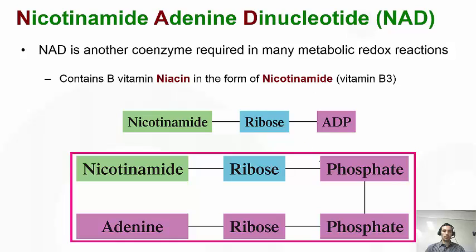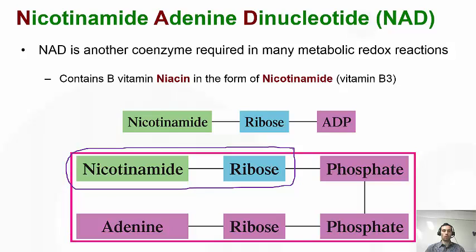So again, we've got our ADP, which is the adenine, ribose, and the two phosphates, and then we've got our extra groups added on to the end here, which is what makes it NAD, or nicotinamide adenine dinucleotide. We derive our nicotinamide from our niacin, which is vitamin B3.